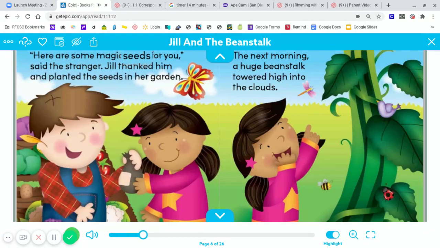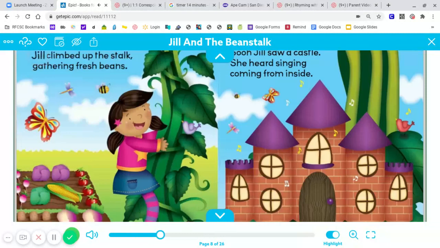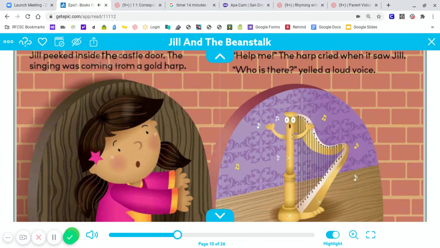"Here are some magic seeds for you," said the stranger. Jill thanked him and planted the seeds in her garden. The next morning, a huge beanstalk towered high into the clouds. Jill climbed up the stalk, gathering fresh beans. Soon Jill saw a castle. She heard singing coming from inside. Jill peeked inside the castle door. The singing was coming from a gold harp.